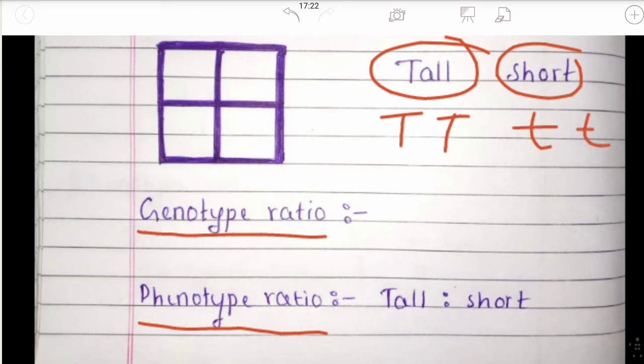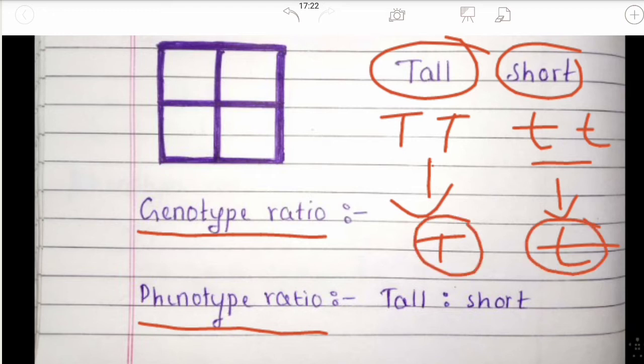So what are the gametes that you get from this tall and dwarf plant? From the tall plants we get capital T as a gamete, and from short plants we get small t as a gamete.